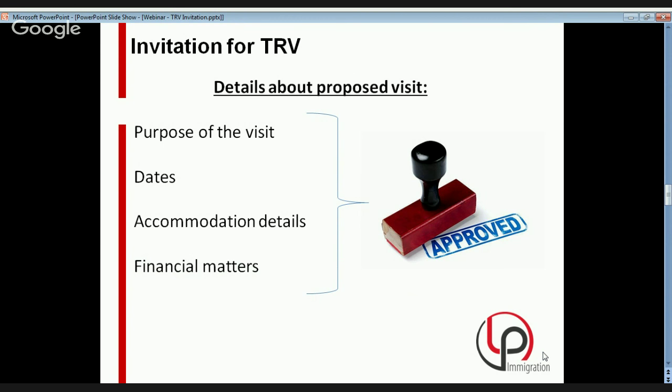You could be invited as an uncle or niece to a wedding in Canada. It could be an invitation to a mother-in-law to help during the first months after a baby was born in the family in Canada. It could be an invitation to grandparents so they can spend some time with their grandchildren in Canada.